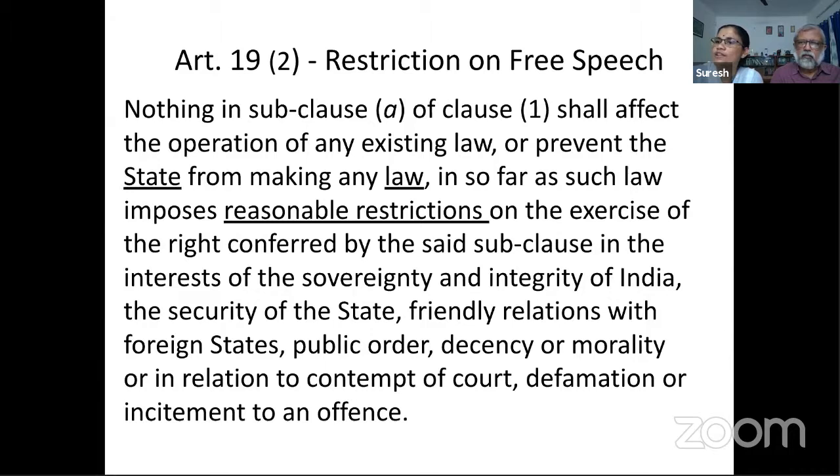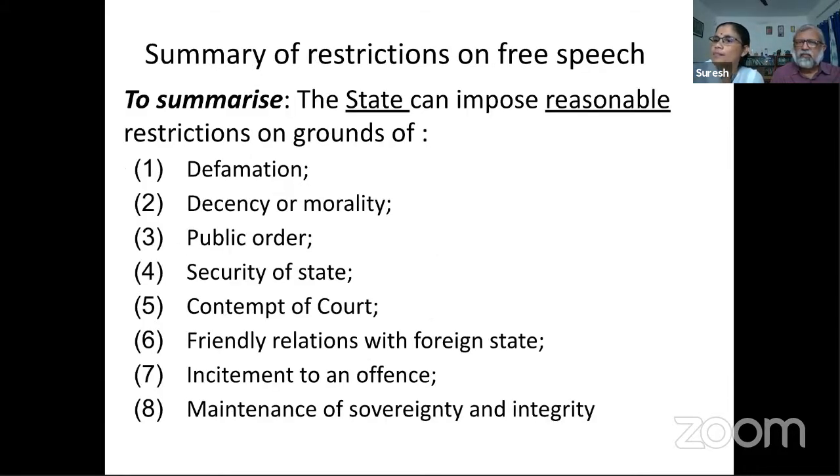So the summary of the restrictions on free speech is in the next slide, where we have just listed them out in a vertical manner, so that if the next slide could come on, it would help the viewers. The state can impose reasonable restrictions on grounds of defamation, decency. It's the same list, but we have just listed it in a tabular column.